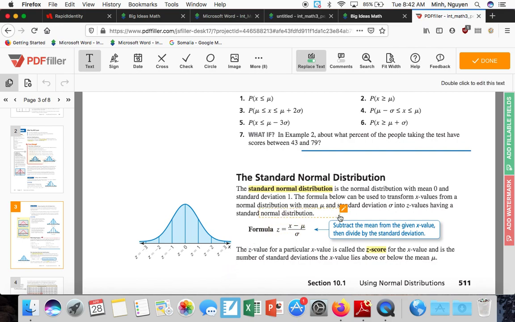And the way you calculate the z-score is you take x, whatever data value they give you or that you're interested in, subtract mu, which is the mean, and divide by sigma, which is standard deviation.